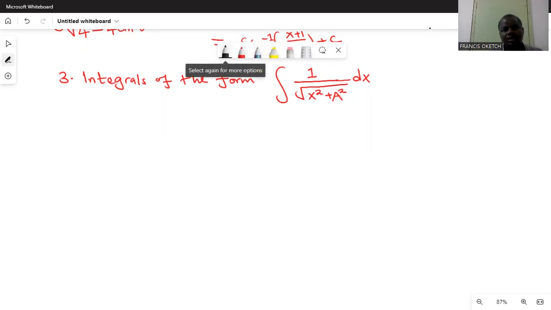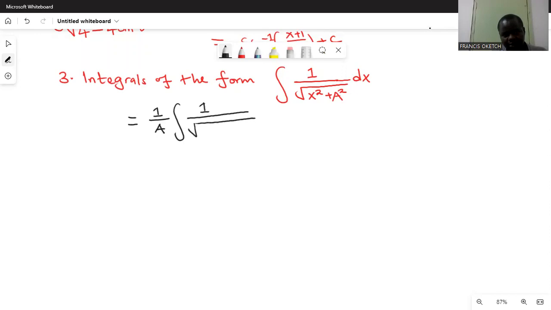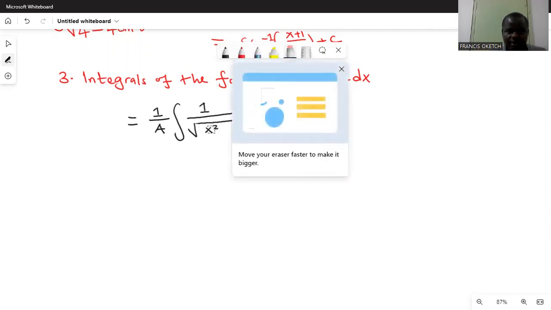If we factor out a squared from the square root sign, that is from the denominator, that integral can now be written as 1 over a times the integral of 1 over the square root of x squared over a squared plus 1.